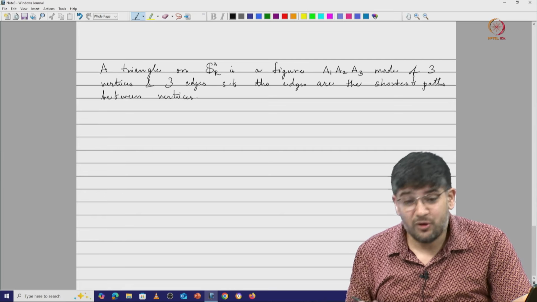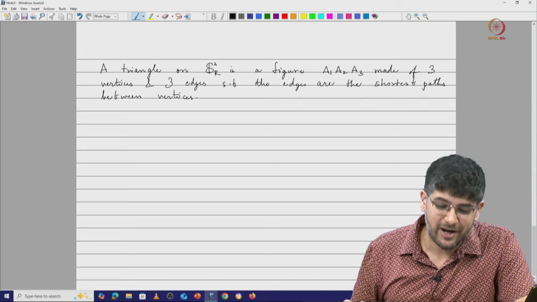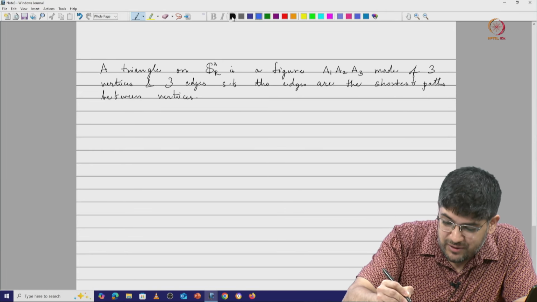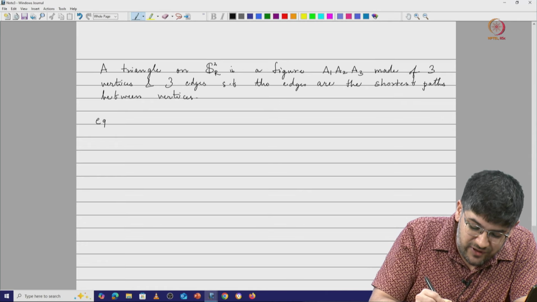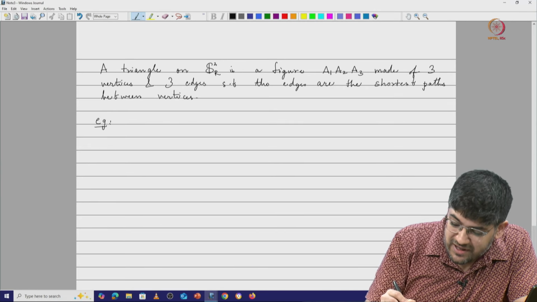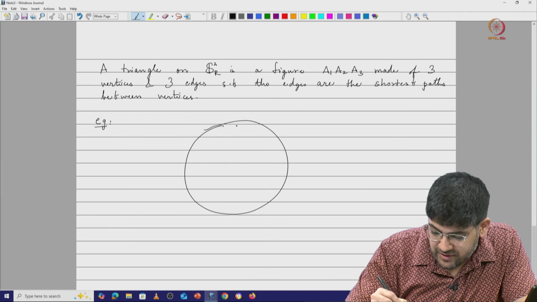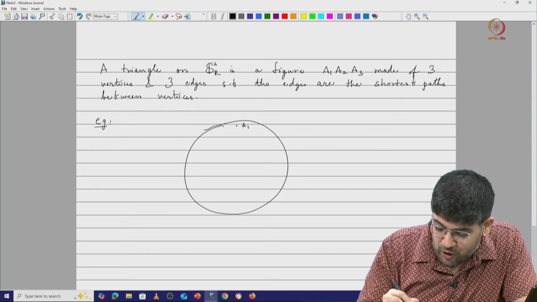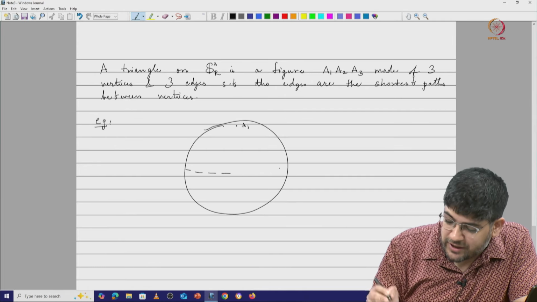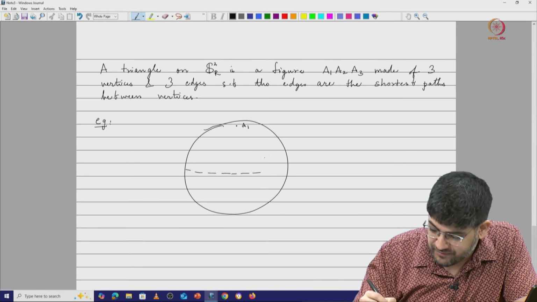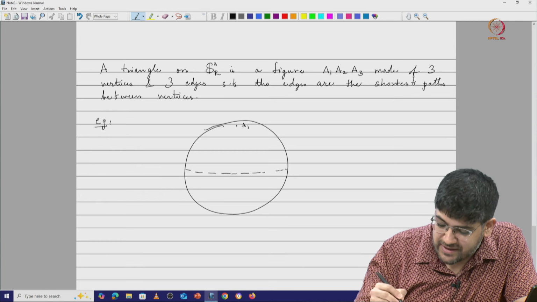Okay. So now one can ask whether the sum angle property also holds for the sphere. So let me just give you an example. Let's consider the sphere. Let's say A1 is a point here, and this dotted line, let's suppose that's the equator.